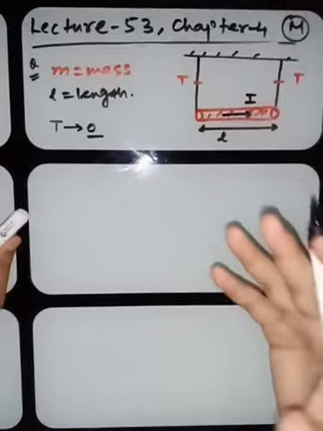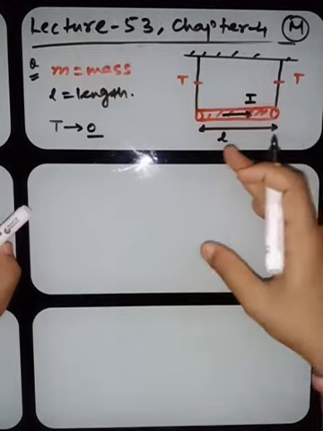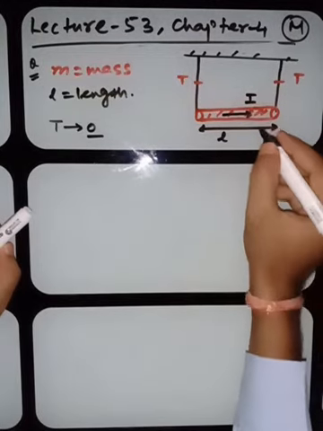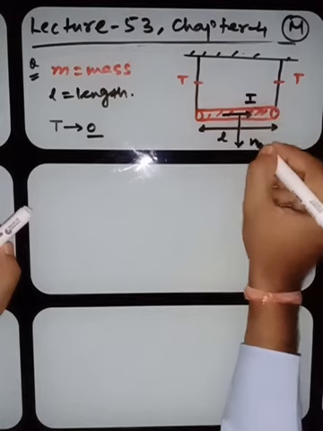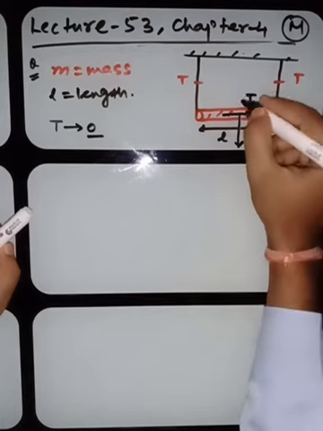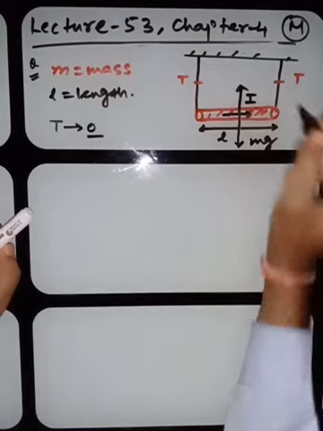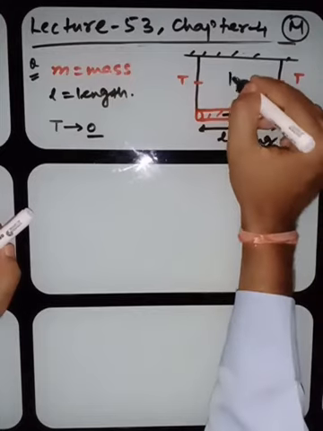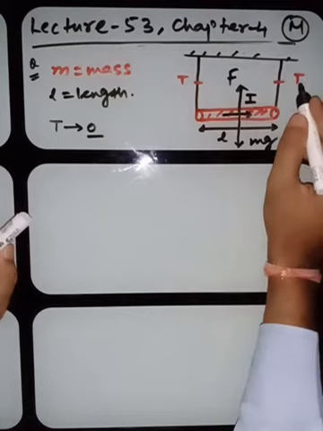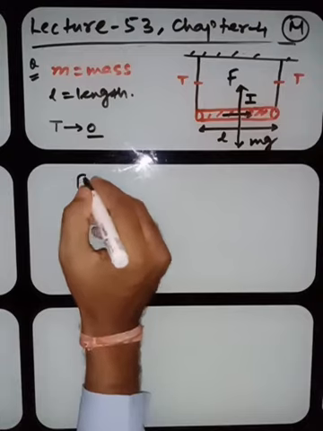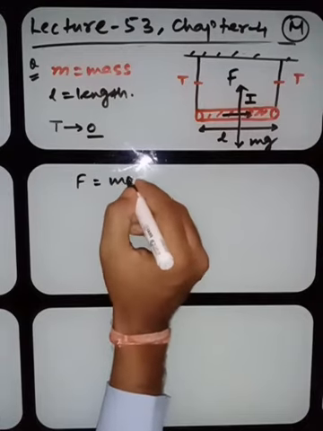We know that the weight of this particular rod will be in the downward direction. Of course, to balance this weight, we need a force. Because if we want this tension to be zero, then this force F should be equal to mg.